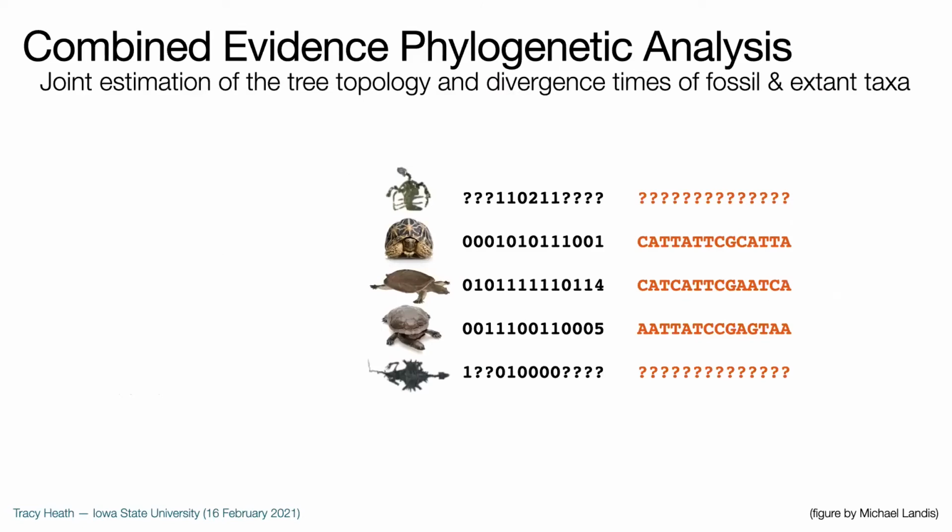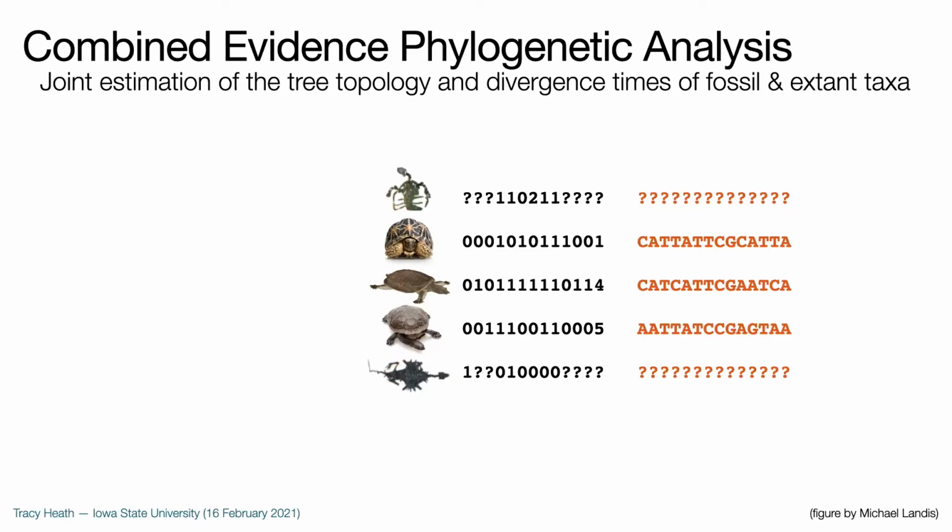So as we've begun to implement this type of model into various Bayesian implementations, we now have better approaches for jointly estimating the tree topology and the divergence times when we have data sets that contain both fossil and extant taxa.